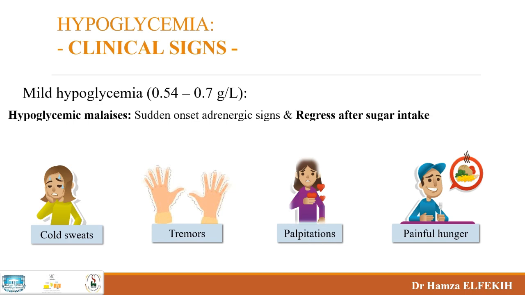For the clinical signs, we have mild hypoglycemia, moderate hypoglycemia, and severe hypoglycemia. We start with mild hypoglycemia. The blood glucose level is between 0.54 and 0.7 gram per liter. We have adrenergic signs: cold sweats, tremors, palpitations, and sometimes painful hunger.